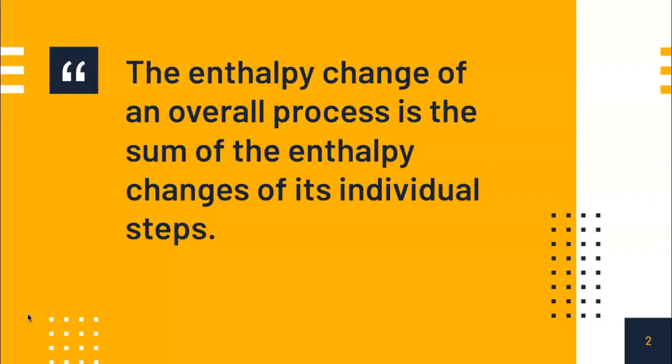So, Hess's law states that the enthalpy change of an overall process is the sum of the enthalpy changes of its individual steps. Again, a while back, we talked about state functions, and state functions don't depend on the process. They depend only on the beginning and the end. And Hess's law is kind of just a fancy way of restating that.